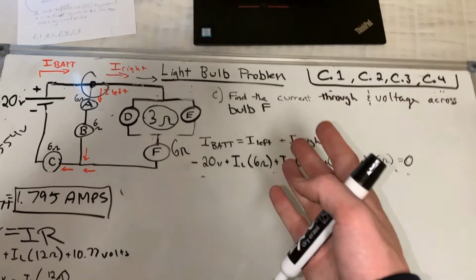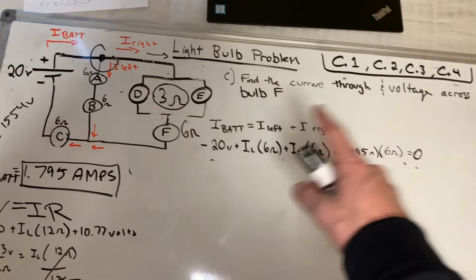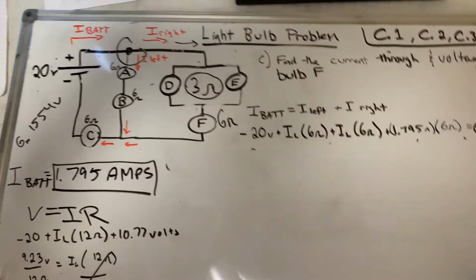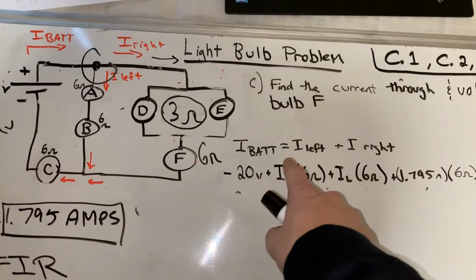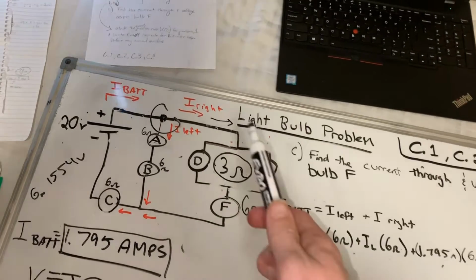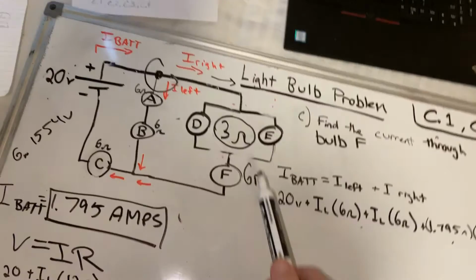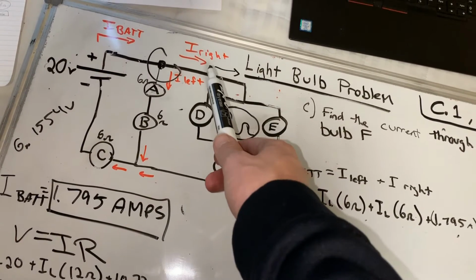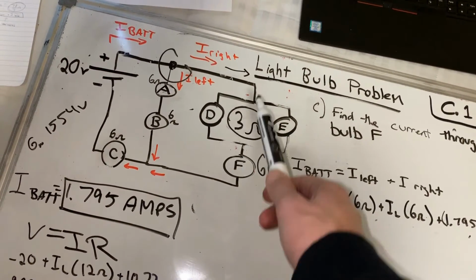Okay, so now we're on the last part of the problem. Find the current through and voltage across bulb F. F is right here. So we modeled these equations, I battery is I left plus I right. We need the current on the right branch, because if you look closely, the current through F is just going to be the current down the right branch.